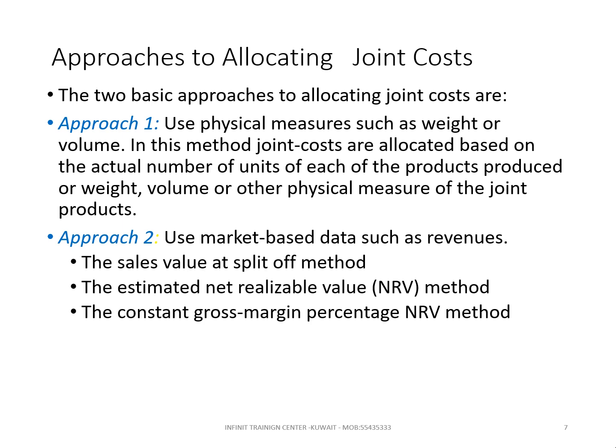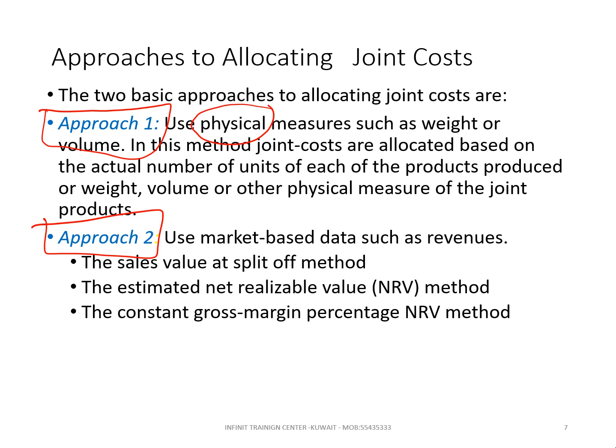Okay, we'll be doing now allocation of the joint cost. While doing this allocation of joint cost, we have to consider different approaches. The first approach is the physical approach.